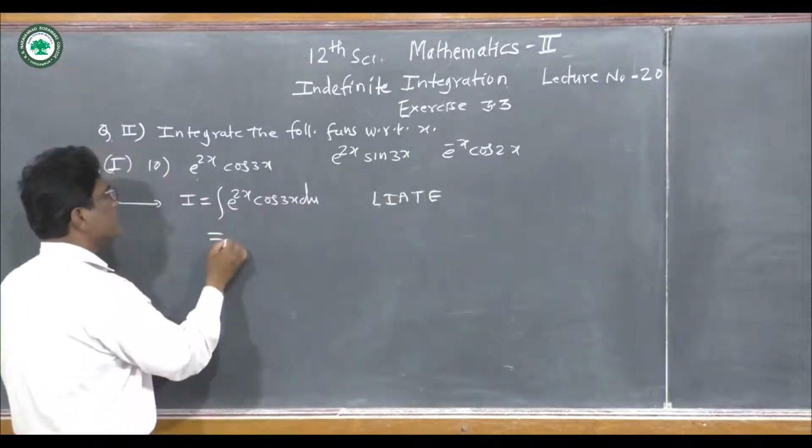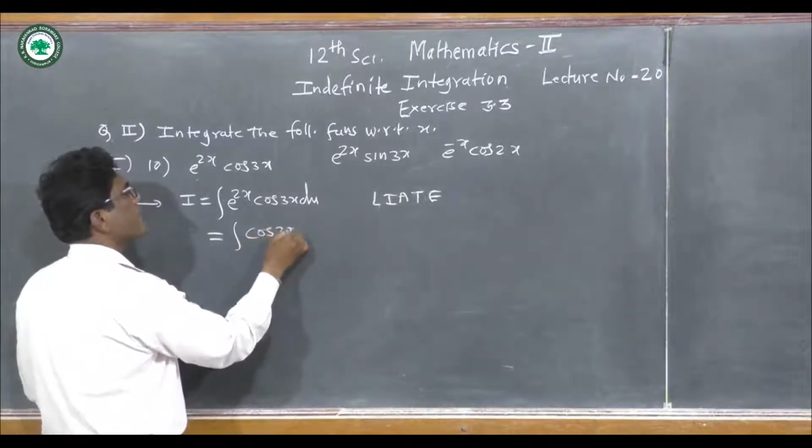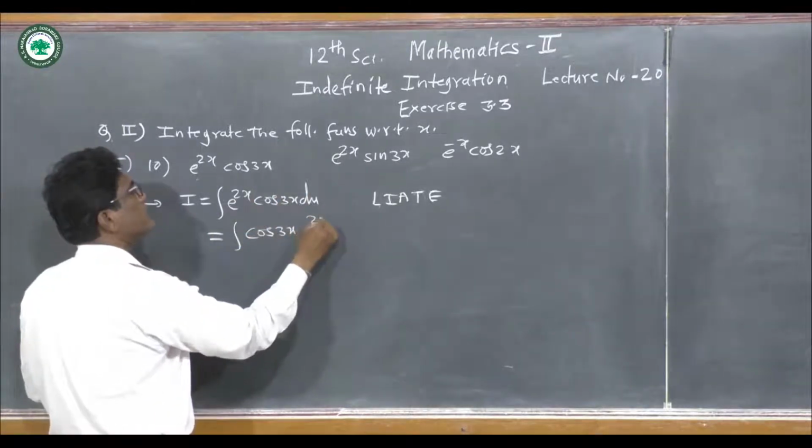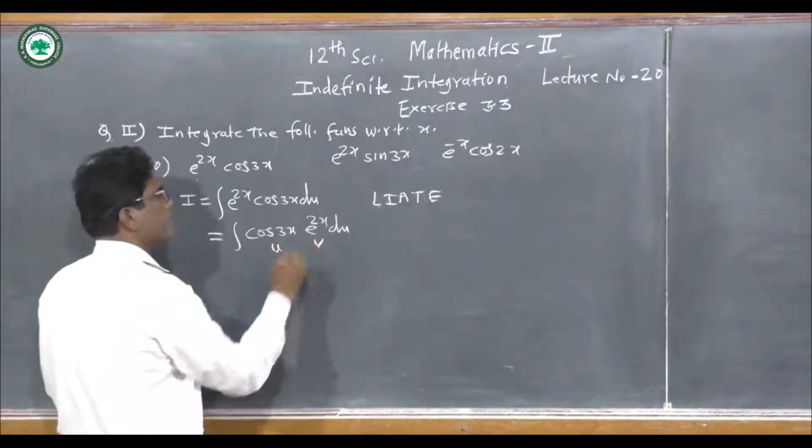So this is equal to the integration of cos of 3x, written first, and then e to the power 2x dx, as u and v.